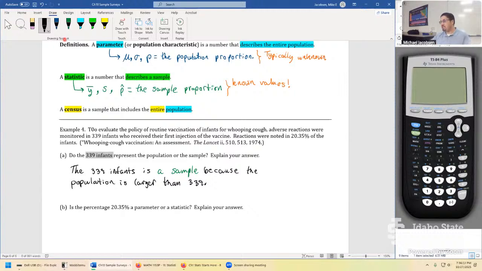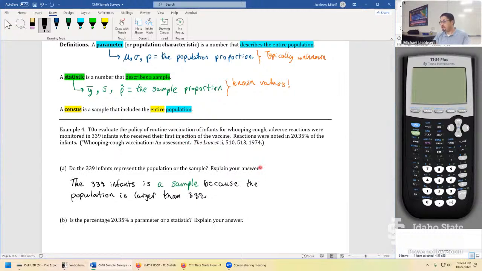So we have a sample size of 339. Our common way we wrote that was n equals 339 infants. And we have the value here, 20.35%. So at this point, we want to decide, is 20.35% a parameter or is it a statistic?